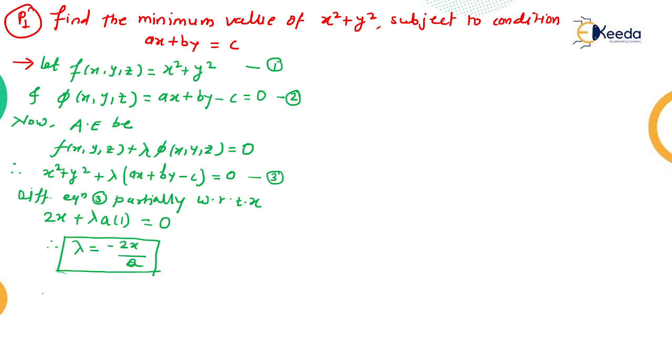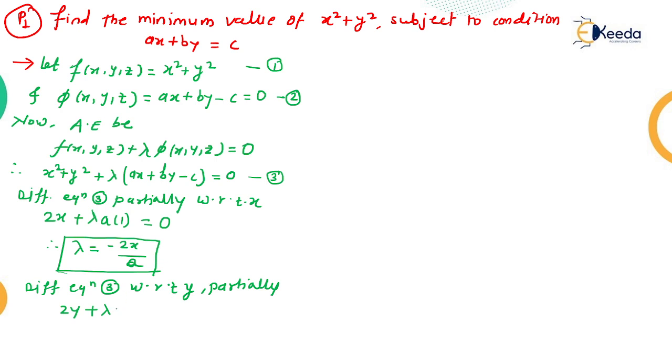Also differentiate equation 3 with respect to the next variable y, partially. Here x is a constant, so the x square derivative is 0, and the y square derivative is 2y, plus lambda as it is into the derivative of ax plus by minus c.